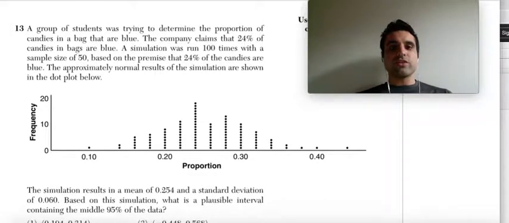A group of students was trying to determine the proportion of candies in a bag that are blue. So they want to know what proportion is blue. The company claims that 24% of the candies in the bag are blue.